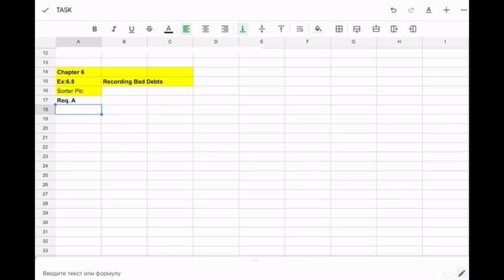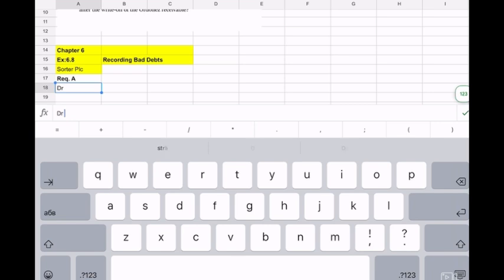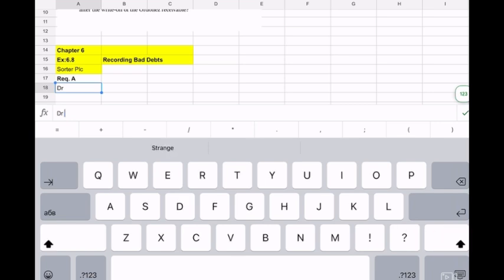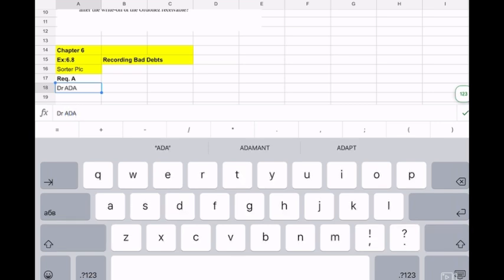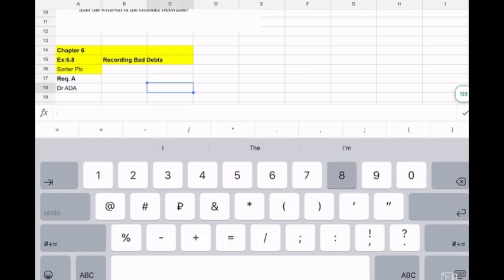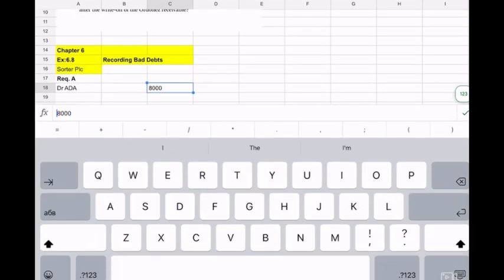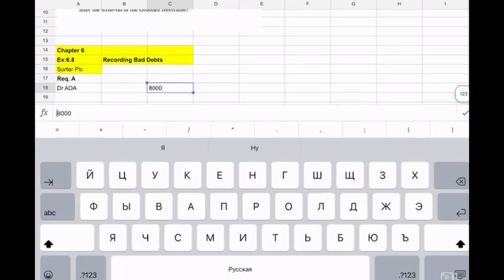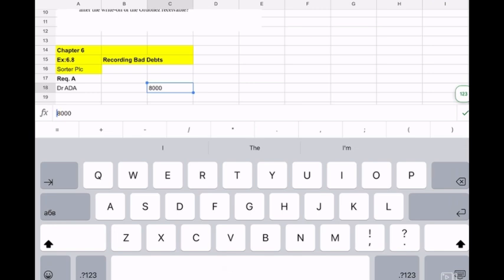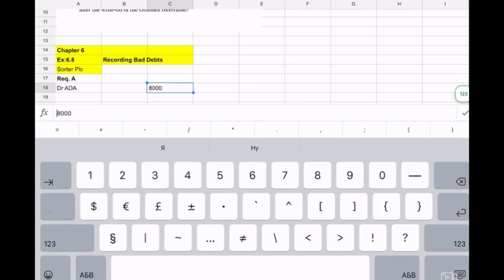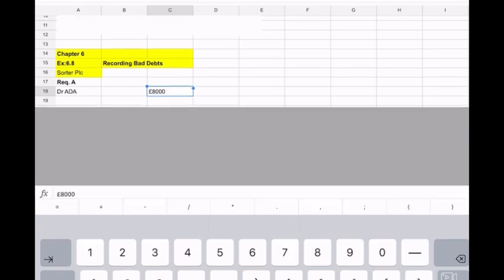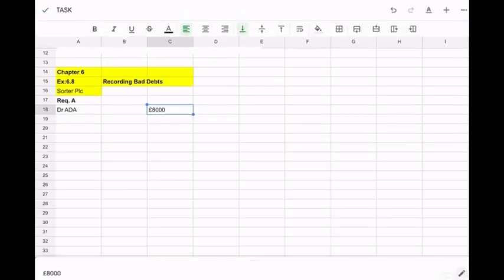Requirement A. Here I have to record the journal entry. In the journal entry, I will debit the allowance for doubtful accounts for 8,000. I do this because the company is using part of that allowance. Let me start with this.